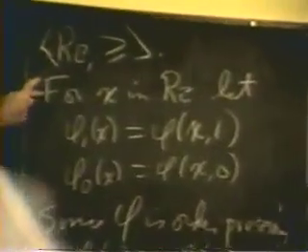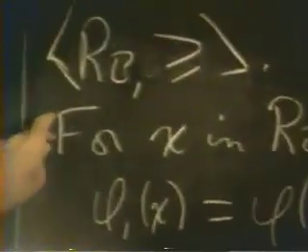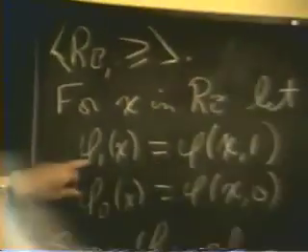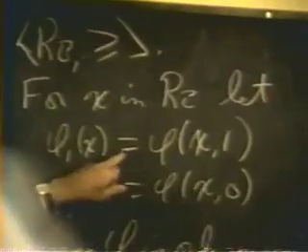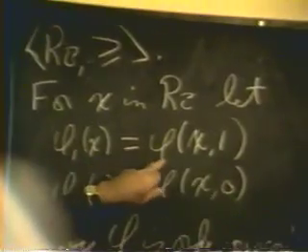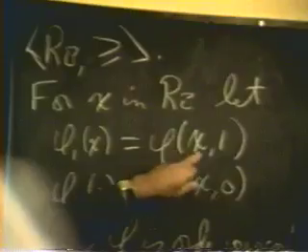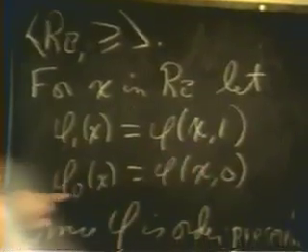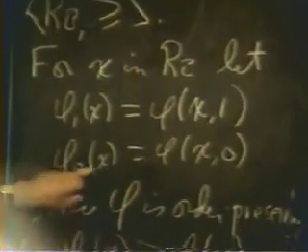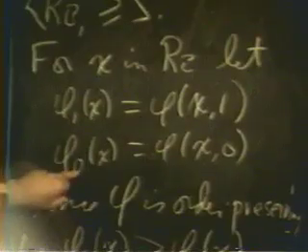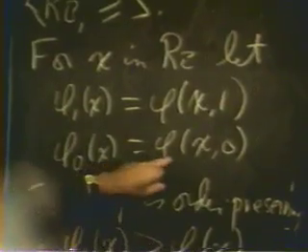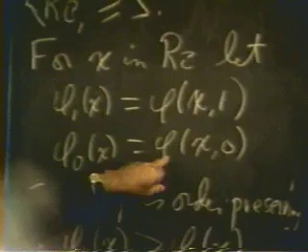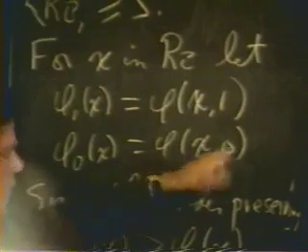Now, for any real number x, let us define phi 1 of x as the numerical value of phi of the pair x1, and phi sub 0 of x, that is, the function phi sub 0 we're defining just on x, is the numerical value of phi of the pair x0.